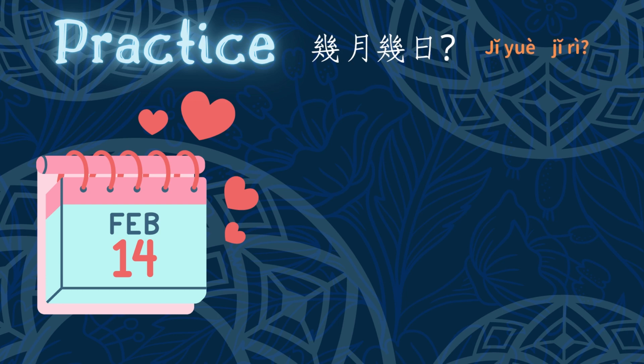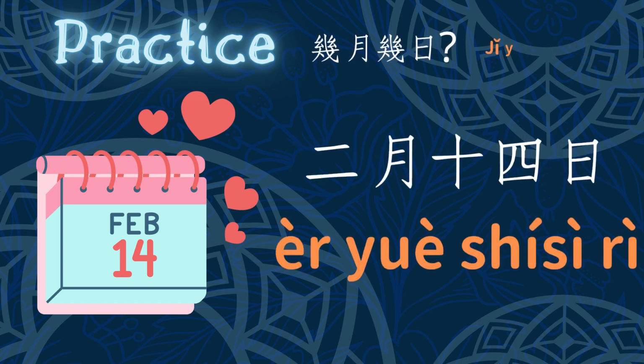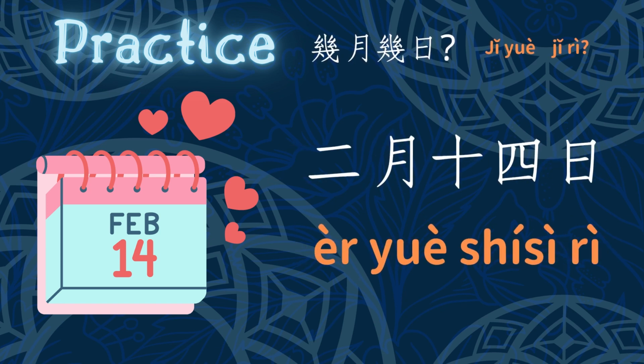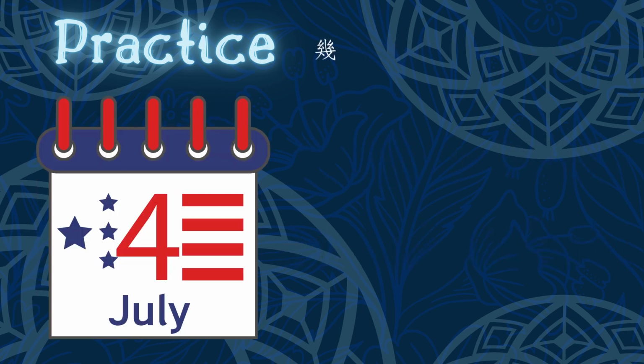Valentine's Day, February 14th. How to say that in Chinese? Right. 2月14日. Next one, July 4th. 美国人 pay attention. How to say that? July 4th.